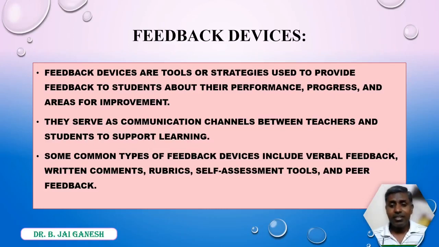Then the third important point is feedback devices. That is another important key area to strengthen the students' learning. It is a tool or strategy used to provide feedback to students about their performance, progress, and areas of improvement. So why do we need to get the feedback?